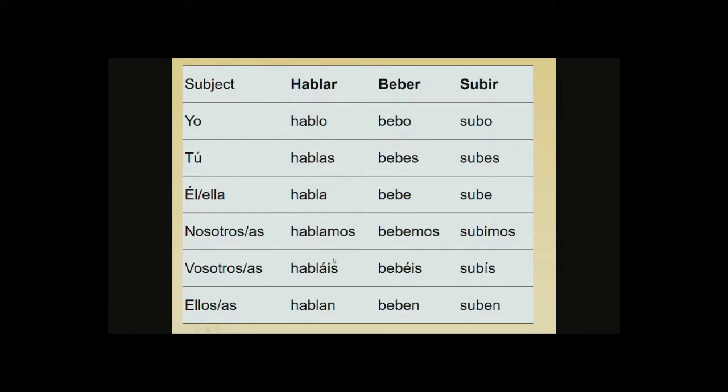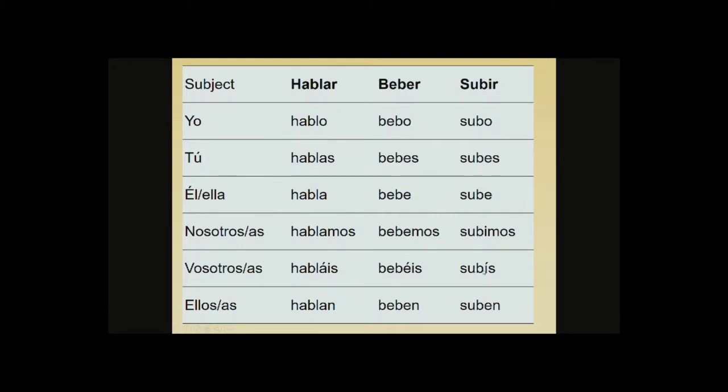Hablas, habla, hablamos, habláis, hablan, bebo, bebes, bebe, bebemos, bebéis, beben, subo, subes, sube, subimos, subís, suben. Hopefully you will all basically be familiar with those. Possibly you may have a slight problem remembering the nosotros and vosotros forms, particularly in the IR conjugation.